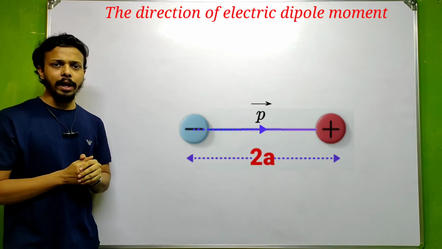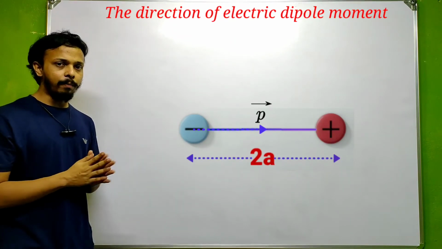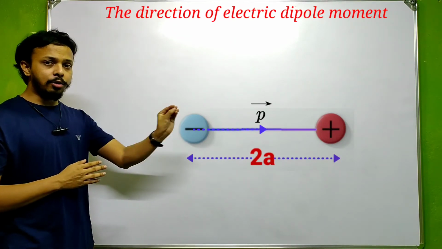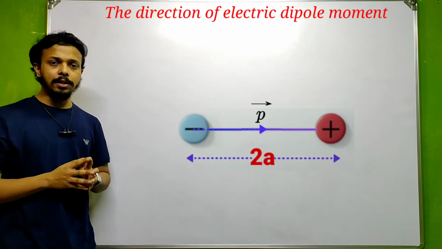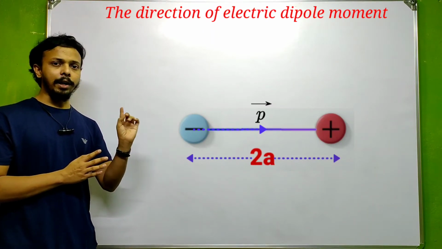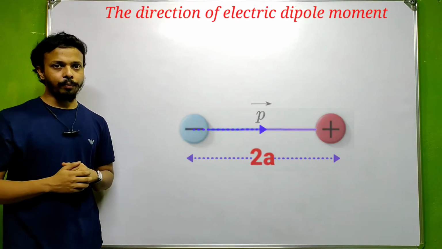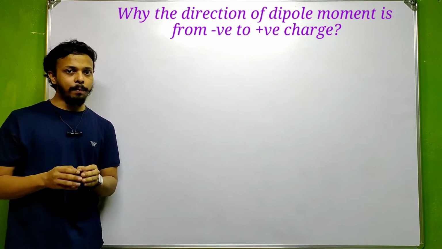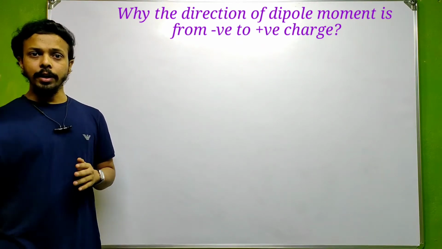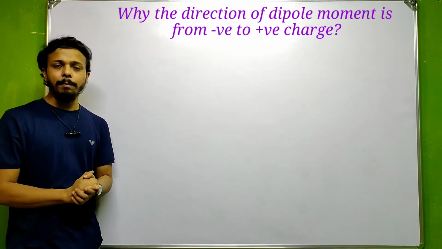There is a reason why in chemistry it is positive to negative, which you will find there. But in physics, the electric dipole moment is directed from the negative charge towards the positive charge. Why like this? Let us try to understand this question: why is the electric dipole moment from negative charge to positive charge? In physics we have a simple idea about it.